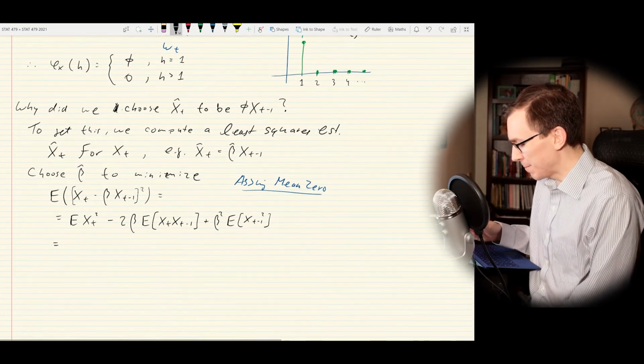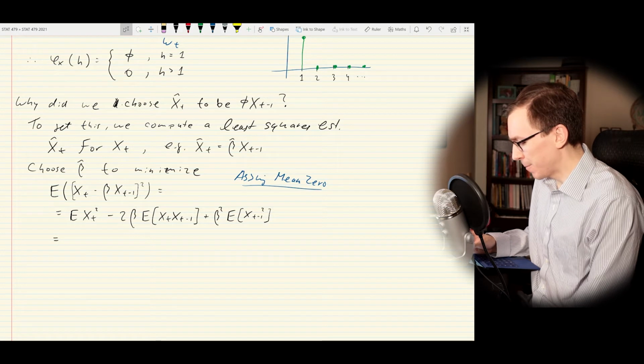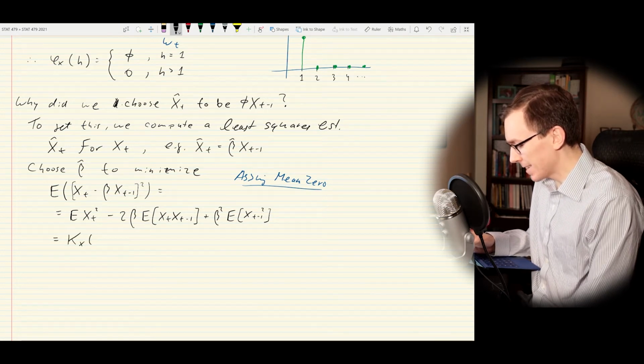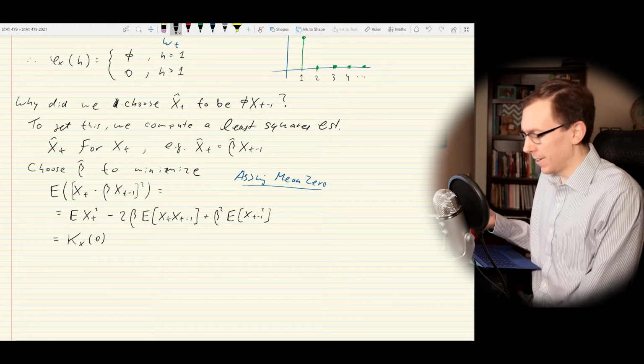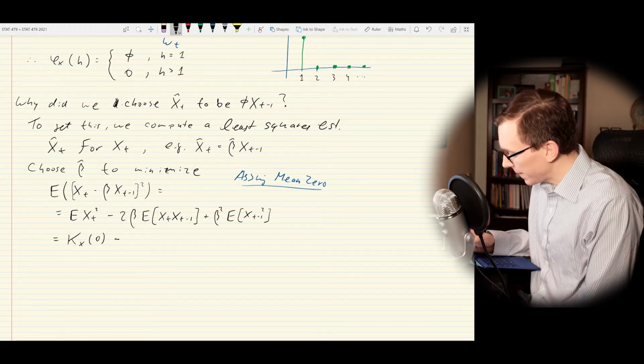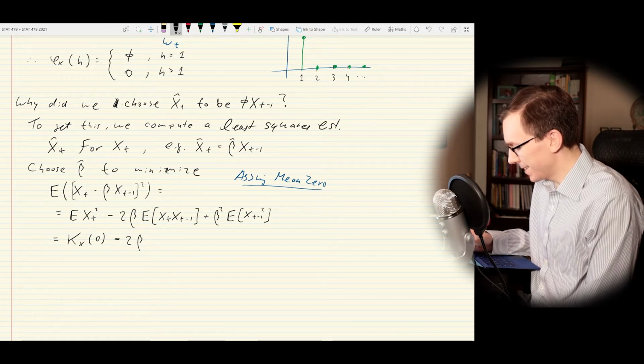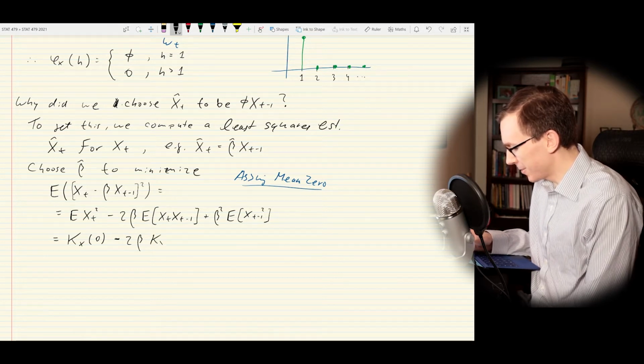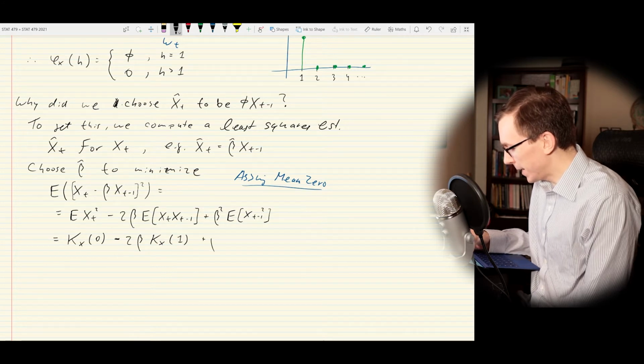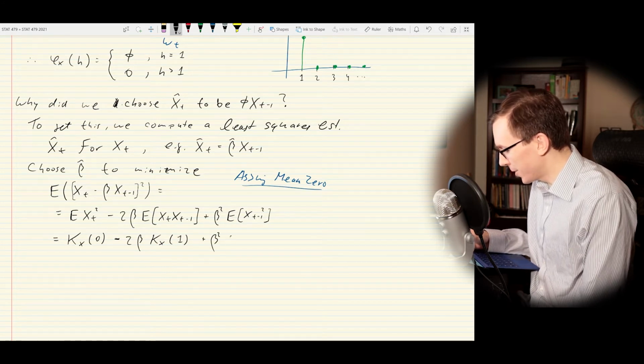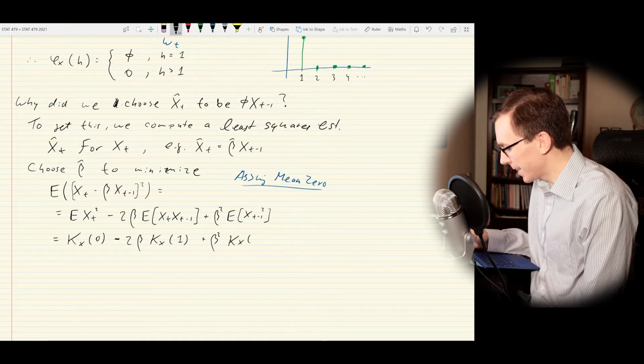Anyway, assuming the mean is 0, this first term here is just the autocovariance at lag 0. That's just the variance. Then we're going to have 2 beta times, what's this? This is the autocovariance at lag 1. And then lastly, beta squared times the autocovariance at lag 0 again.